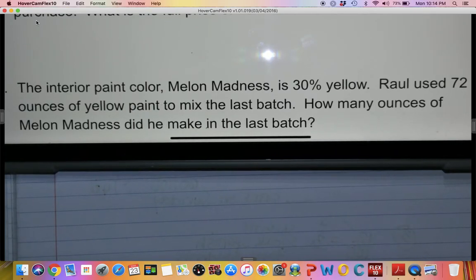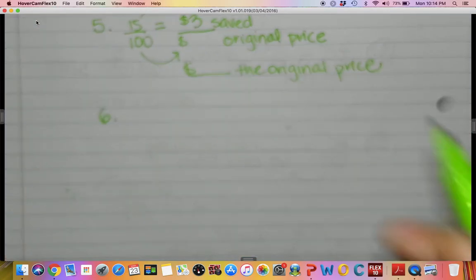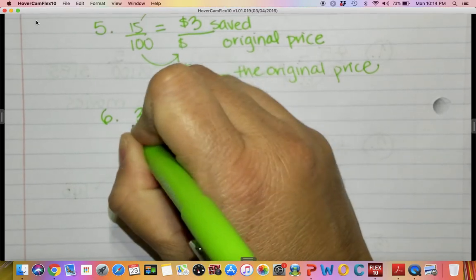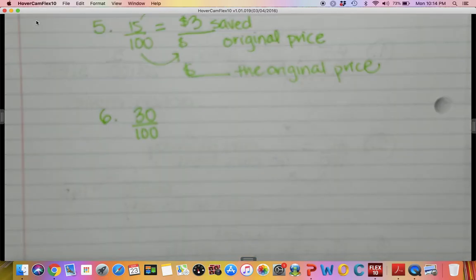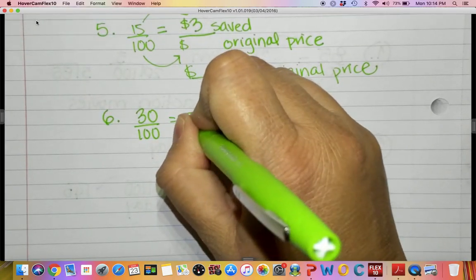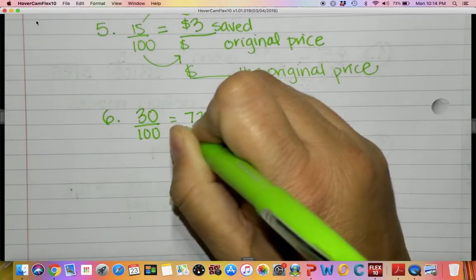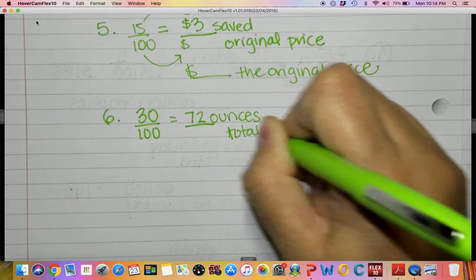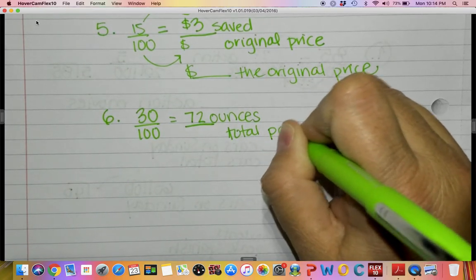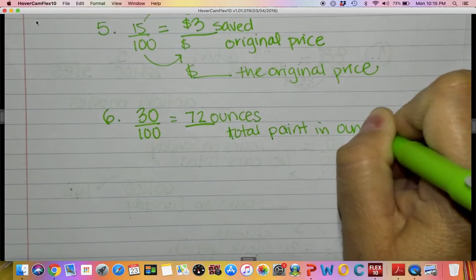So we're going to look for the whole. 30% is yellow. He used 72 ounces of yellow out of the total paint in ounces.